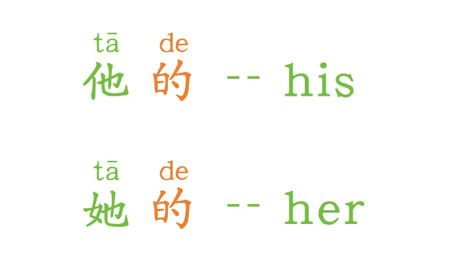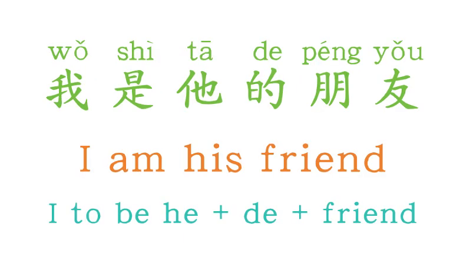Okay, now let's try to make a sentence. Try to say, I'm his friend. How to say that? That is, 我是他的朋友. And how would you say, I'm her friend? That sounds exactly the same.